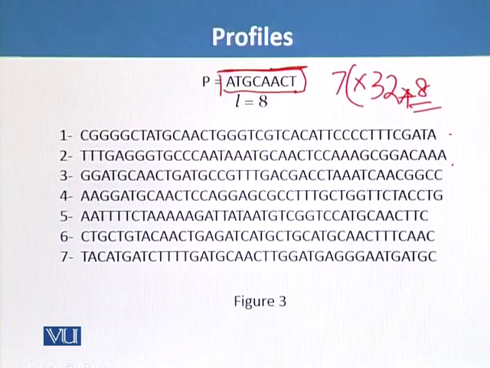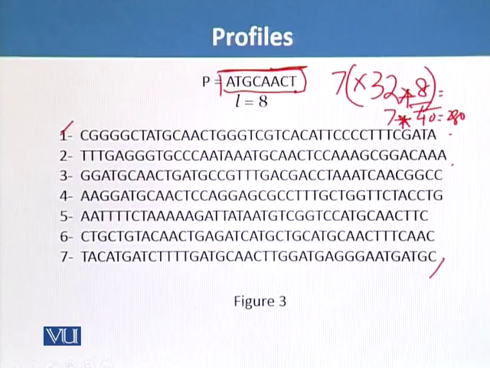So the total, if we calculate it, is 7 multiplied by 40. So the answer will be 280. So the total number of sequences here is 280.